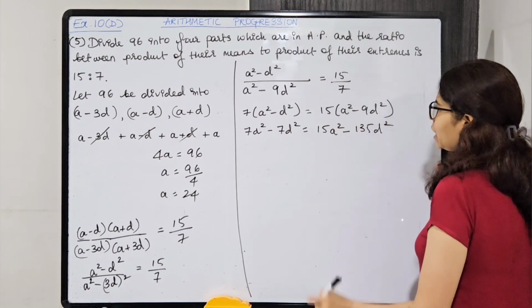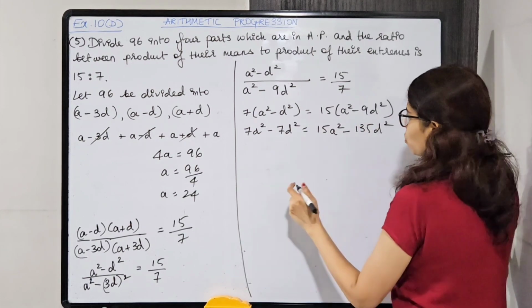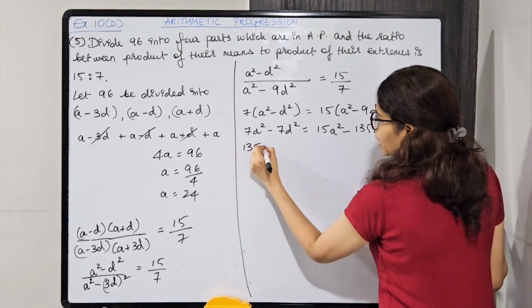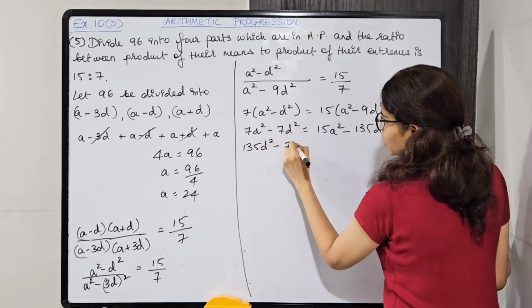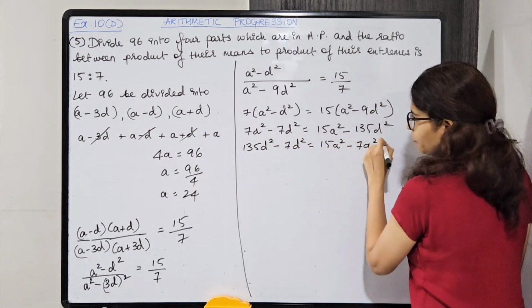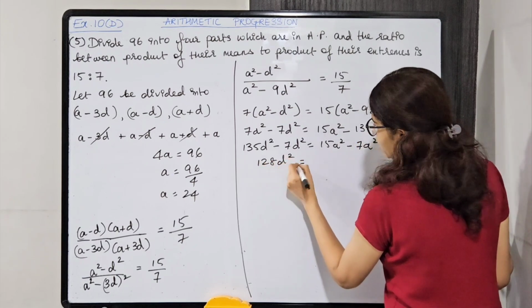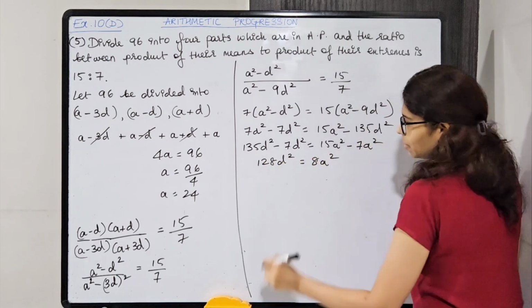Okay, d square we'll group on one side and a square on the other side. So 135d square minus 7d square is equal to 15a square minus 7a square. So 128d square is equal to 8a square.